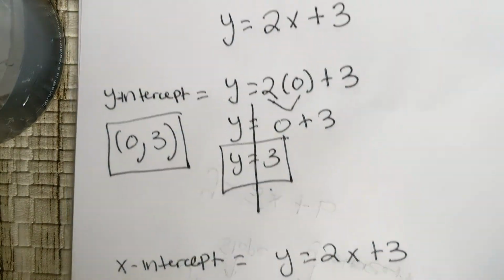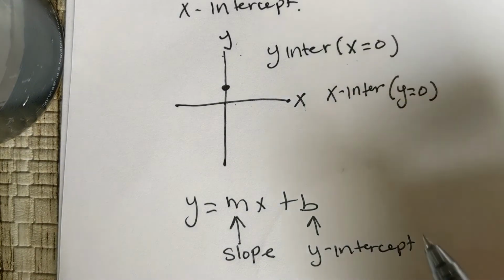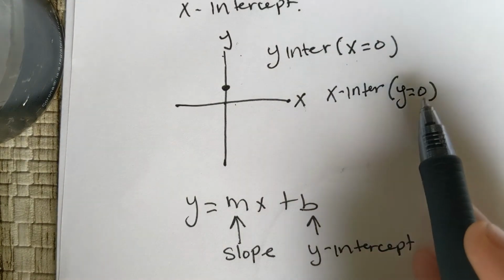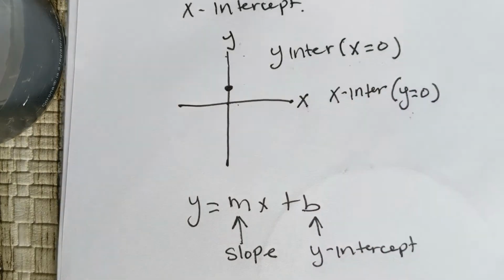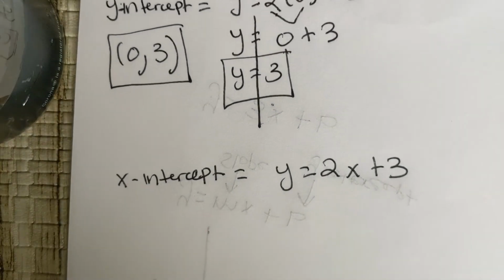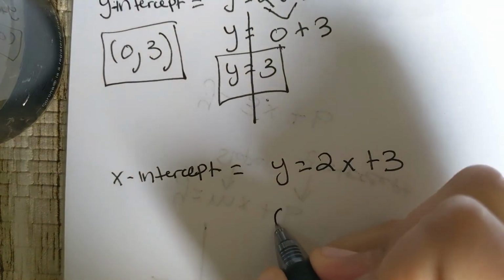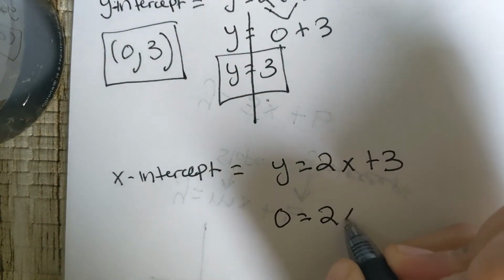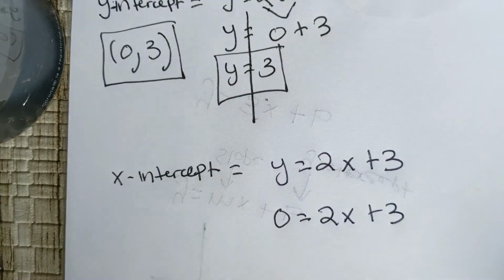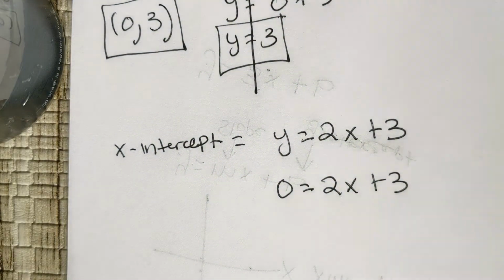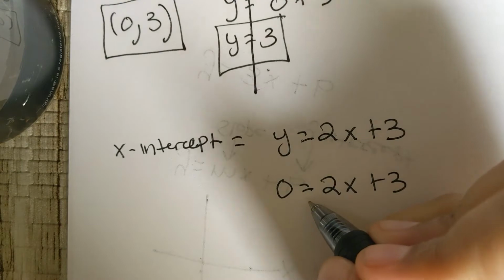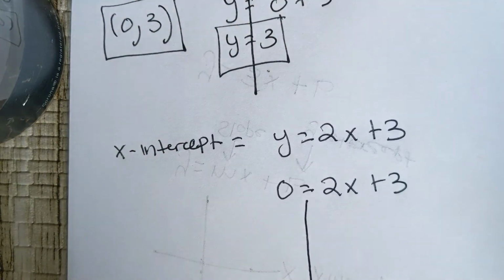Now, if we remember from our notes, in order to find the x-intercept, we need to make y equal 0. So we're going to go down here and make y equal 0. So we're going to be left with 0 equals 2x plus 3. So now all you need to do is figure out what x is. Again, I like to do a little line right here, and now I can solve the equation.